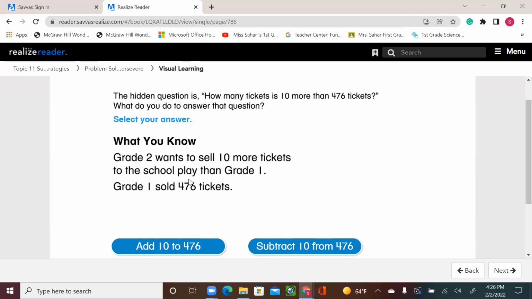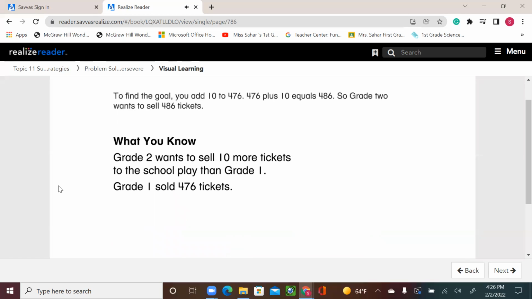And we know that Grade 1 sold 476. That means add 10 more to the 476 that Grade 1 sold. To find the goal, you add 10 to 476. 476 plus 10 equals 486. So Grade 2 wants to sell 486 tickets.